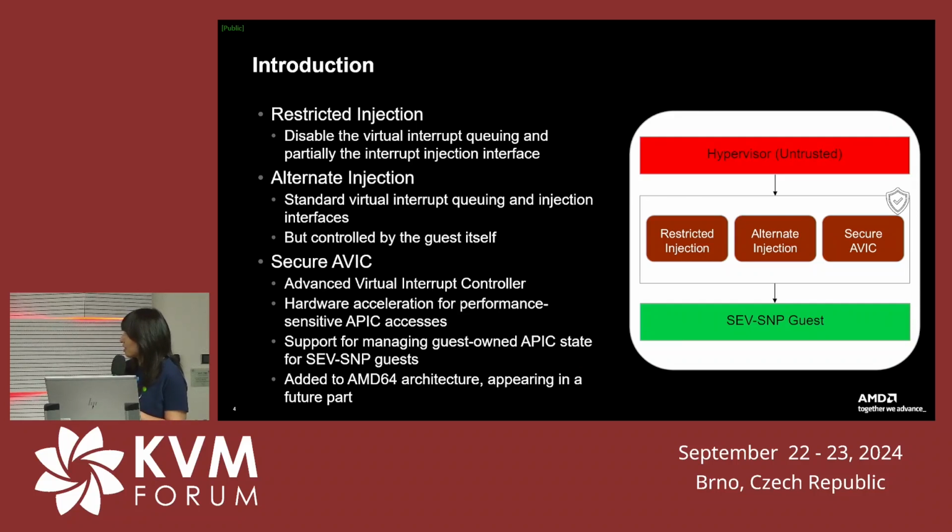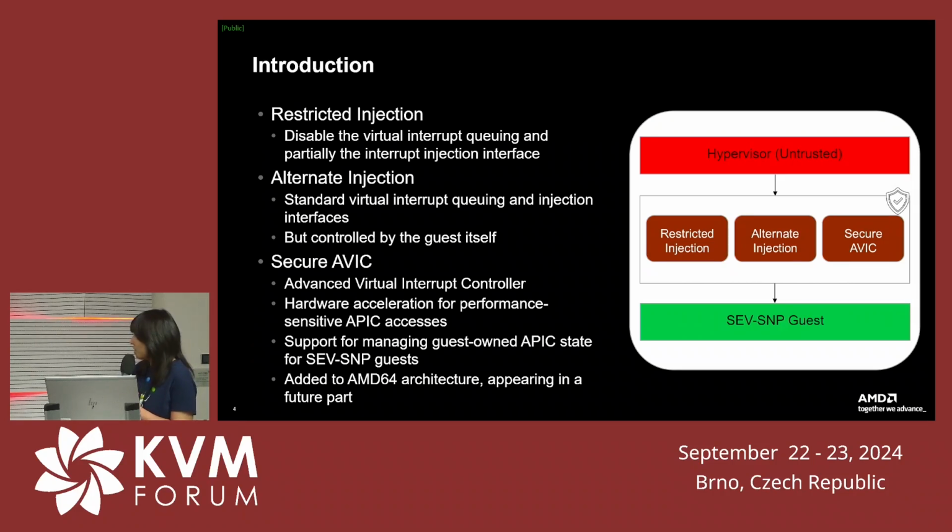Restricted injection disables the interrupt queuing and injection interface, while alternate injection still keeps the standard virtual interrupt queuing and interface, but it's controlled by the guest itself. The secure APIC is an advanced virtual interrupt controller. It is a hardware acceleration.